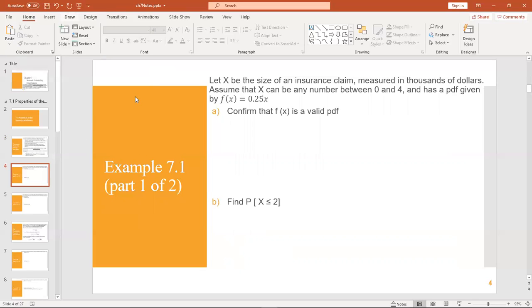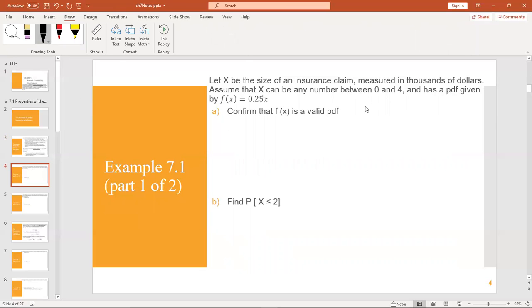The way that we could do that is we basically need to do f of 4 minus f of 0. More generally, if you're on a range from A to B, you need f of B minus f of A to equal 1.